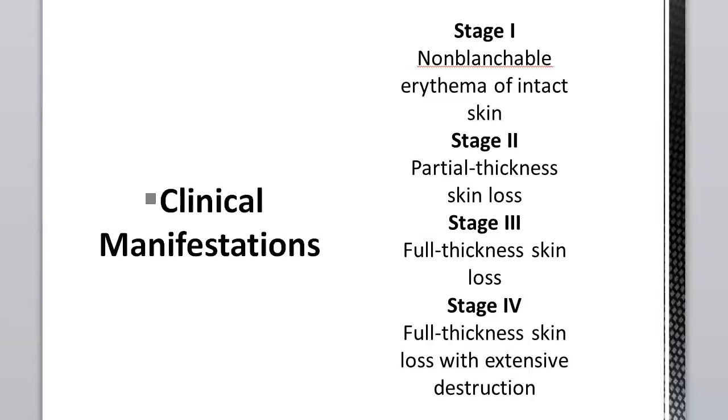So this is a very serious pressure ulcer. These are very difficult to heal. At this point, they may not be painful, especially if patients are diabetic. Sometimes they've lost a lot of that sensation as well. All right. So those are stage 1, stage 2, stage 3, and stage 4.